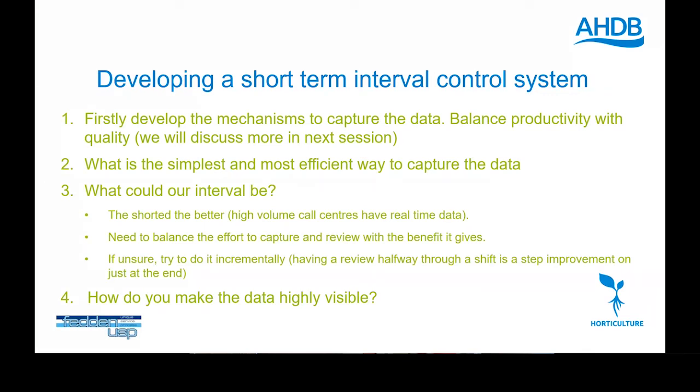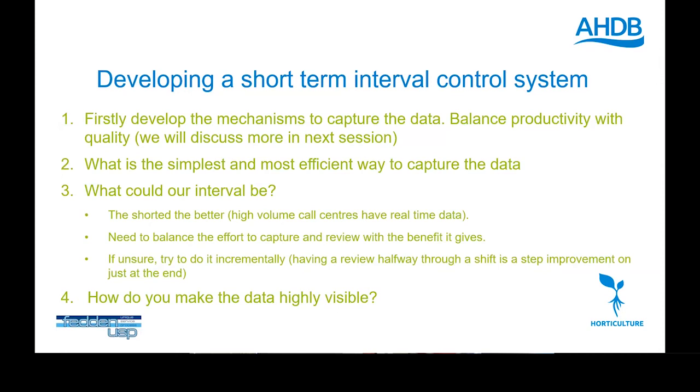So, the simplest and most efficient way to capture data. I think we talked about some of these yesterday, but I presume some of your businesses will have electronic systems where we capture weights and all of those other things, and others will probably have manual scales where we capture them manually, so it'll range.